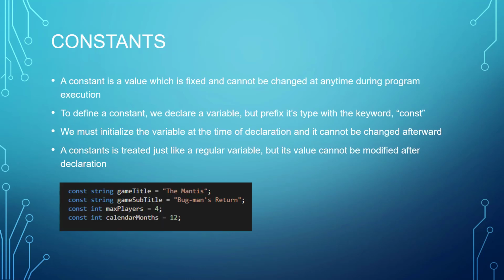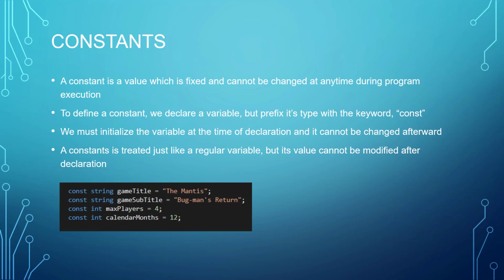So what's a constant? Well, a constant is a value which is fixed and cannot be changed at any time during program execution. Well, that kind of makes sense, right? Because it's called a constant, so it has a constant value. To define a constant, we declare a variable, but prefix its type with the keyword const, C-O-N-S-T.